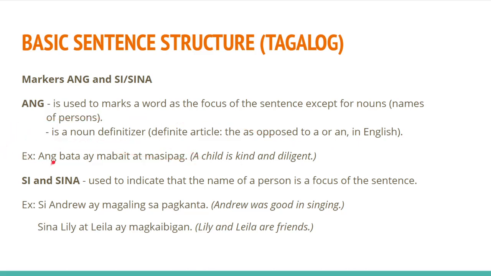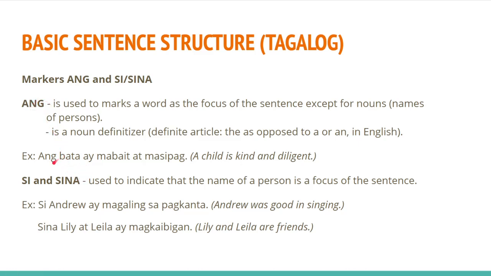For example, "ang bata ay mabait at masipag." So I never use the noun or the name of the person. I just only generalize it. I didn't give a specific. "Ang bata ay mabait at masipag." So this is one example when you try to use the noun markers in a sentence structure.